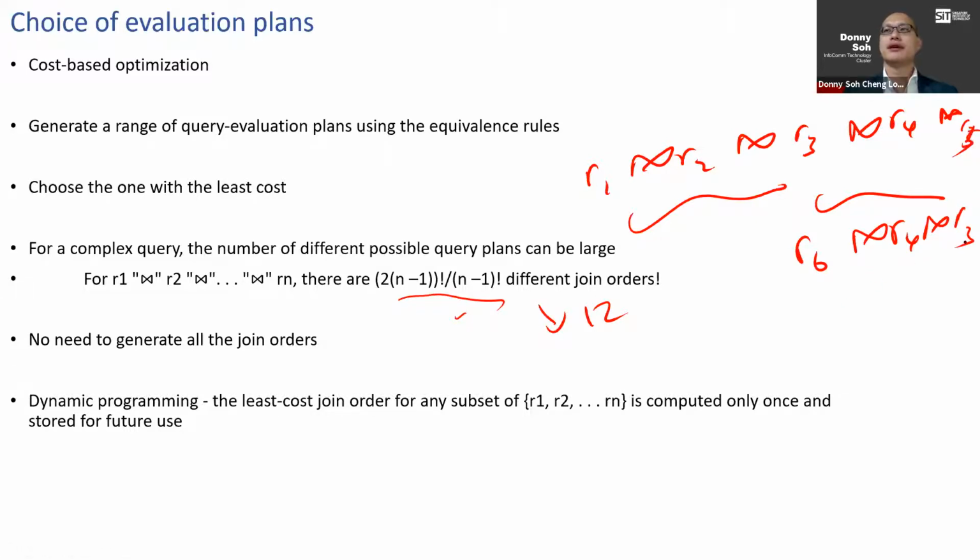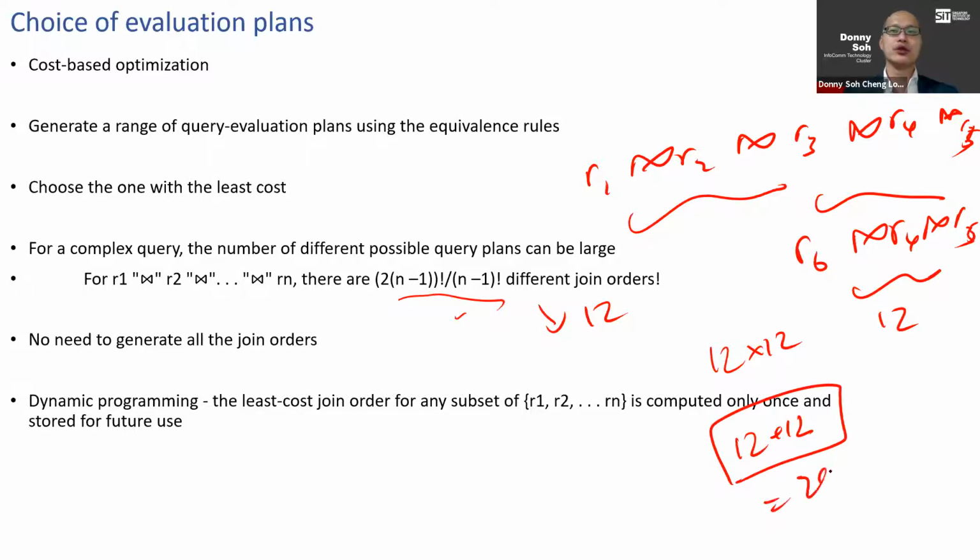So this becomes one operator then joined together. On this side, this is another 12. If we don't use DP, this is 12 times 12. But if we use DP, this becomes 12 plus 12, so it becomes only 24 different permutations to calculate.